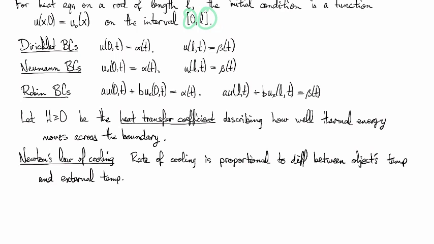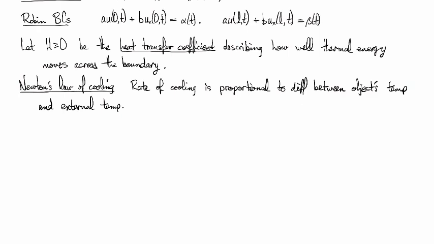Okay, so what does that look like? Well, if we are at 0, then this says that K times u_x(0,t) is going to be proportional to, and then we have u at this point minus alpha.